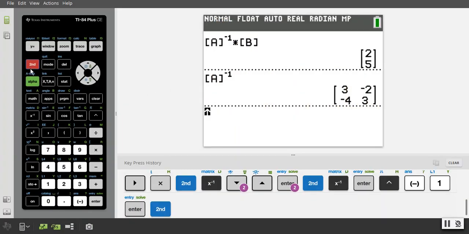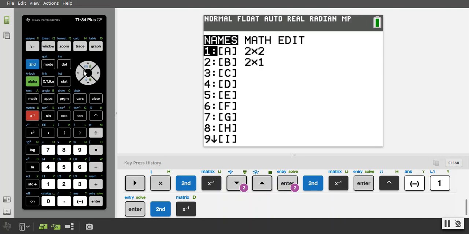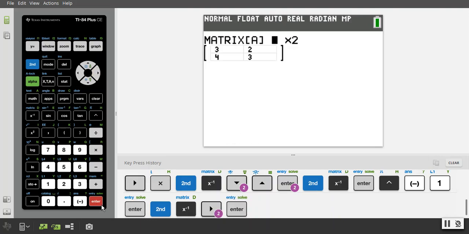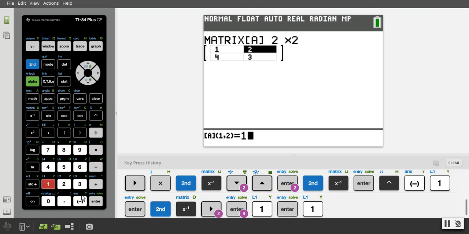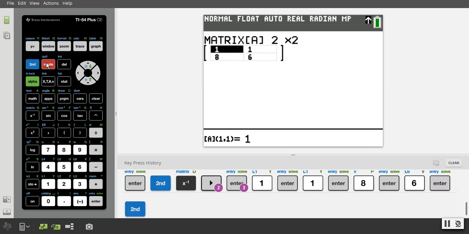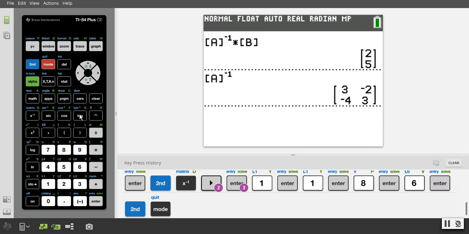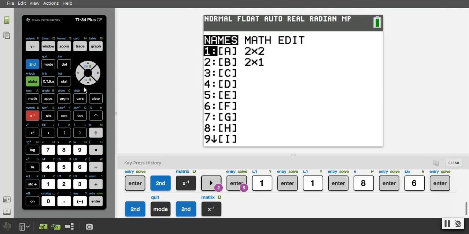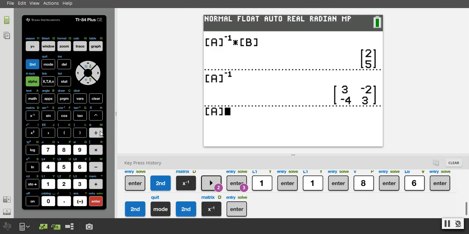So we'll go to second matrix and just edit the old one. So it was 1, 1, 8, and 6. Okay. Now let's go ahead and find the inverse of it. So the inverse of this matrix is the following.